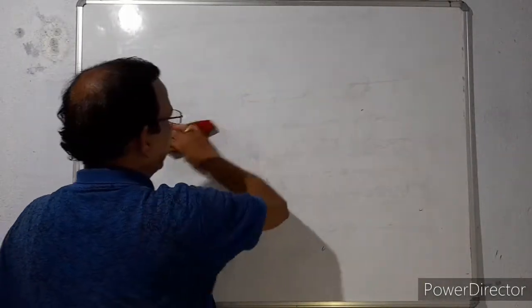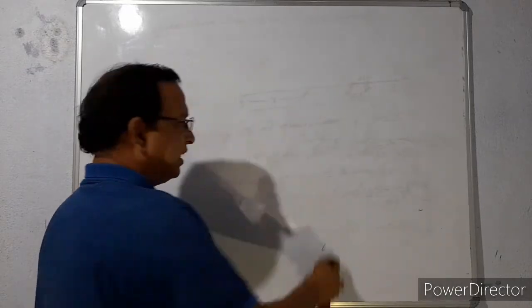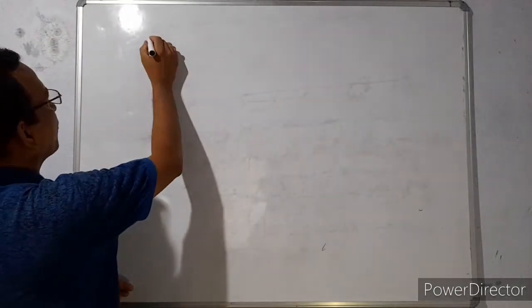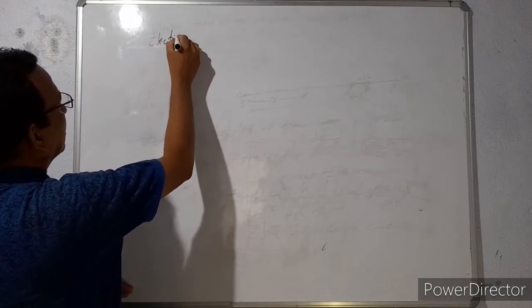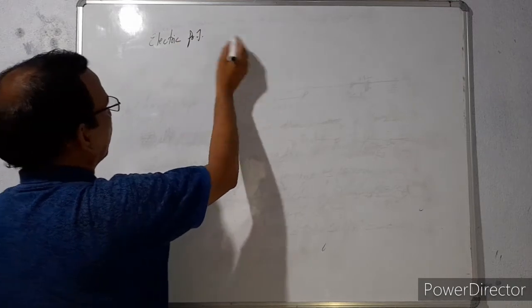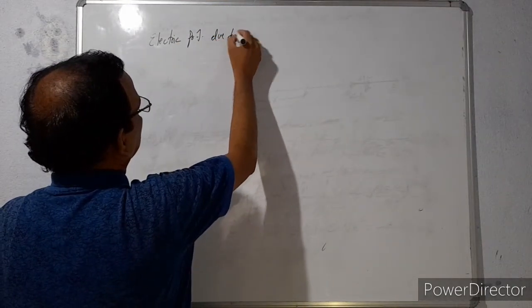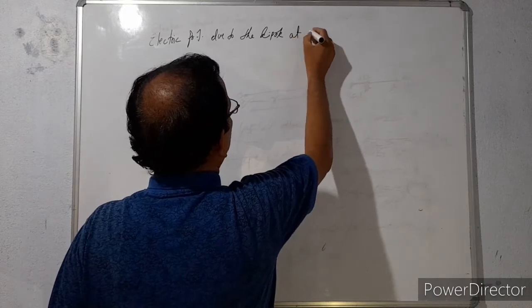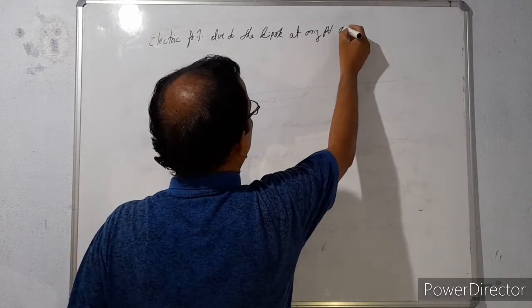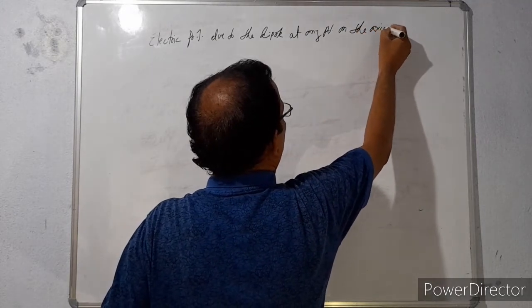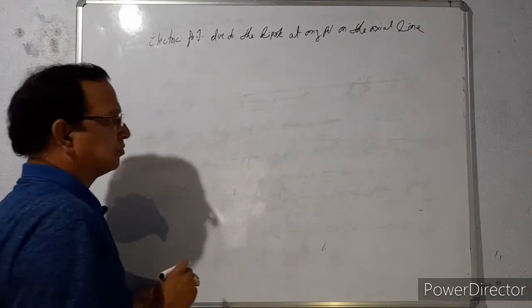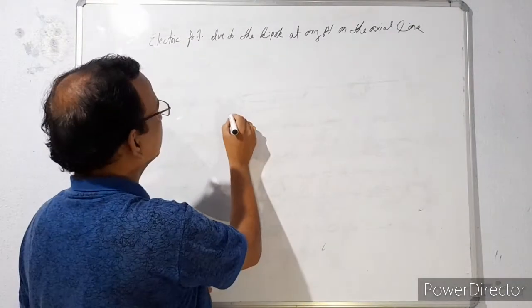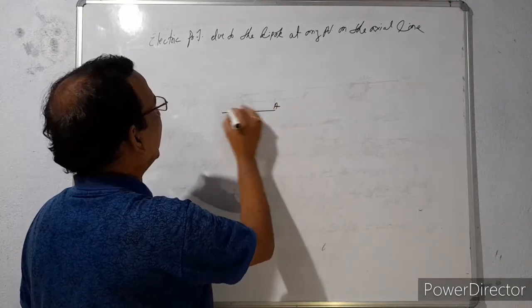Now, potential due to the electric dipole at any point on the axial line. Let us consider an electric dipole AB.